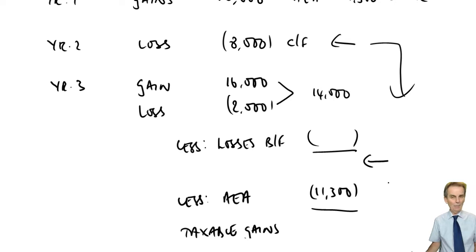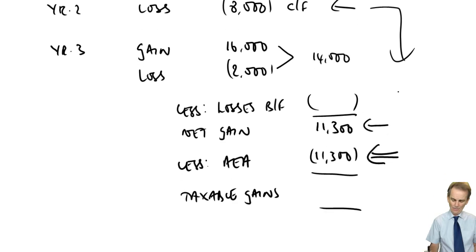Now think, after having applied the loss brought forward, what figure of net gain would you wish to have here prior to deducting our AEA? That figure, of course, would be 11,300 in order that taxable gains are nil and we therefore do not waste any of that loss brought forward.